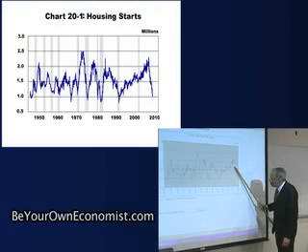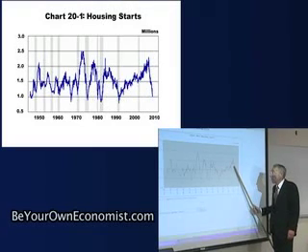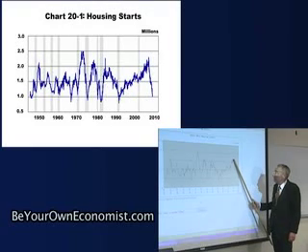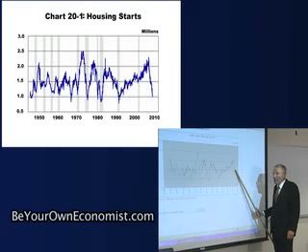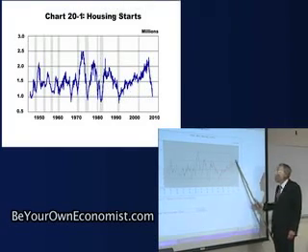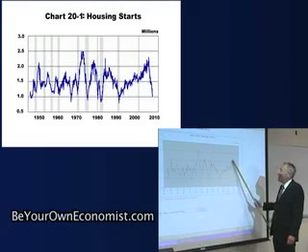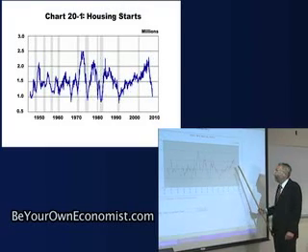And then, very interestingly, although rates rose a little, look at this downturn. Really ominous. And this is the real estate bubble which people began to talk about in the middle of the decade.